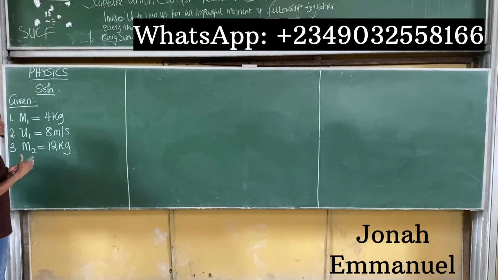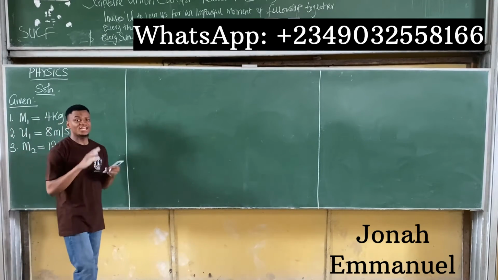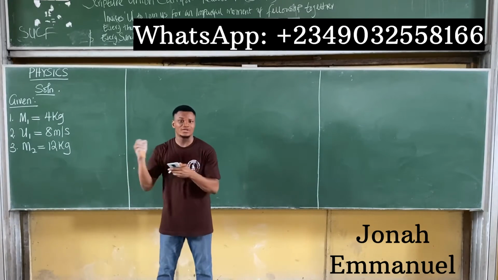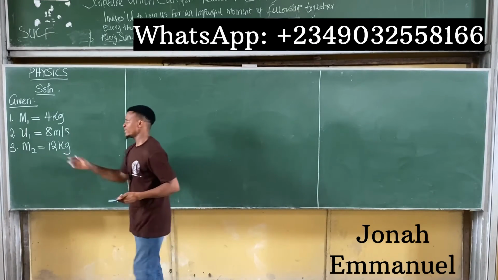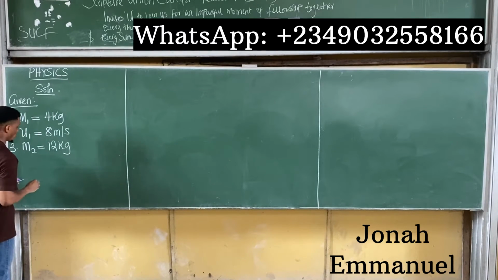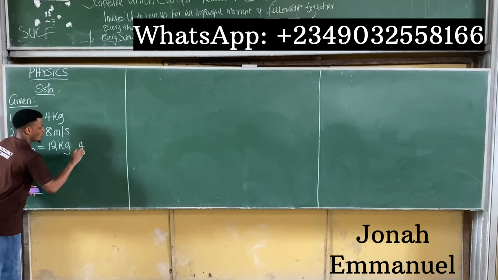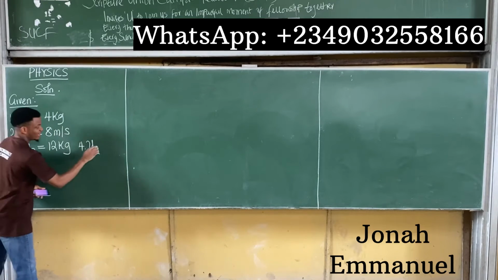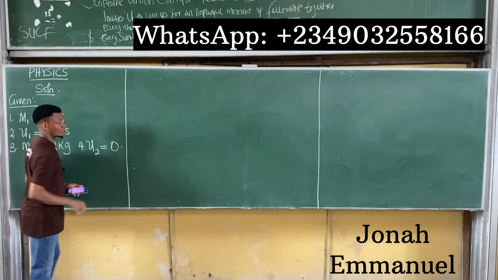If it is stationary, it means it is not moving. Hence, its initial velocity is equal to 0. So you should be able to decode that from the question, all right? A stationary ball means its initial velocity is equal to 0. So number 4, u2, the initial velocity of this one here, is equal to 0, right?